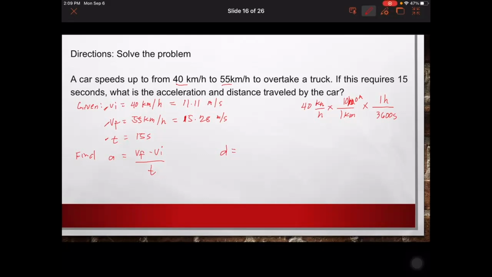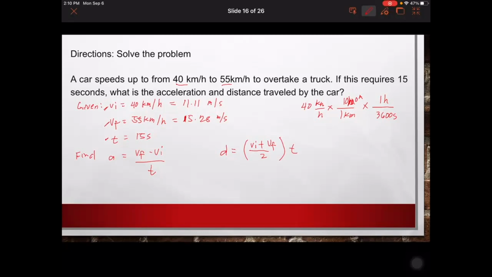Wala na yung formula na yan? Yes, Marius. What formula? Equation 4 po. You can have VI plus VF, VF plus VI over 2 times time. Okay, so yan yung mga formula na kailangan natin na identify natin.